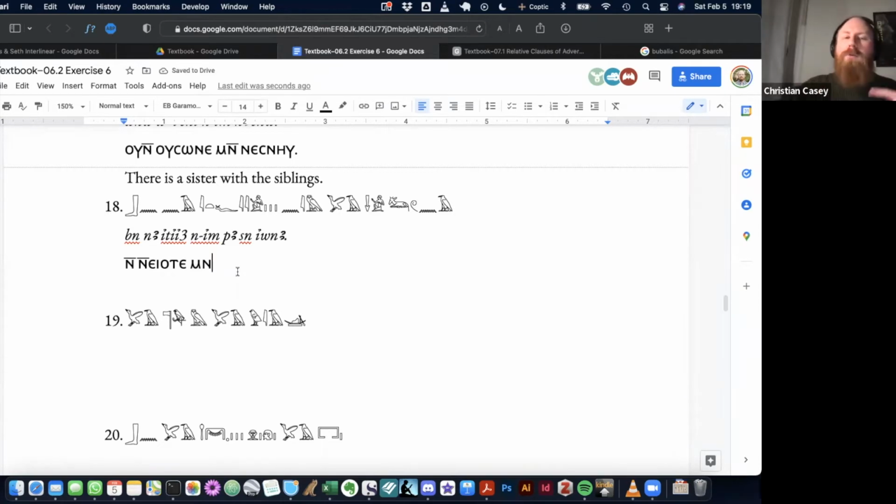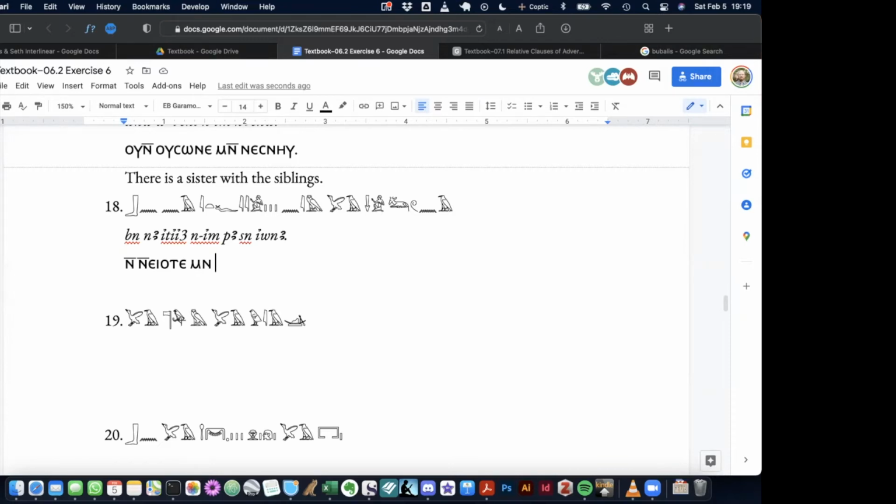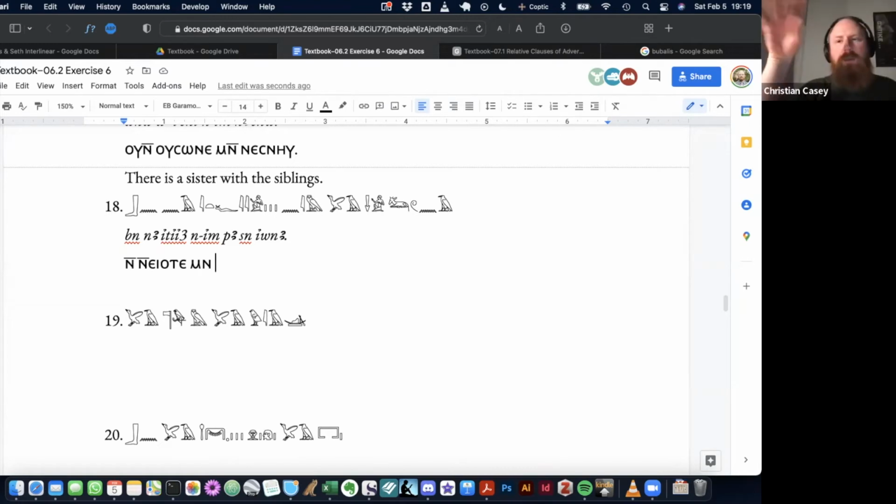So there are multiple dialects of Coptic. There are really 5 main dialects, and within those 5, there are 2 really dominant dialects. One is Saitic, which is the classical language, what most of the ancient literature is written in. The other is Bohairic, which is the language still used by the Coptic Church. I originally started studying Bohairic, so I very often insert Bohairic things when I'm trying to write Saitic.